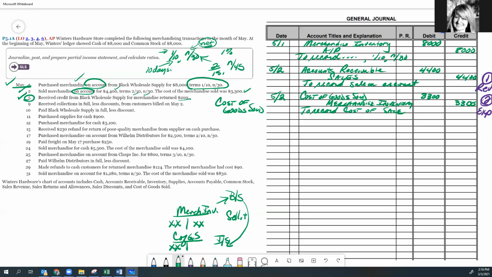On May 4th, and I'm going to start some T accounts over here for our receivables and our payables. We had accounts receivable, and it doesn't tell who we sold it to. This was on May 2nd, and we debited that $4,400. Let me erase this here.